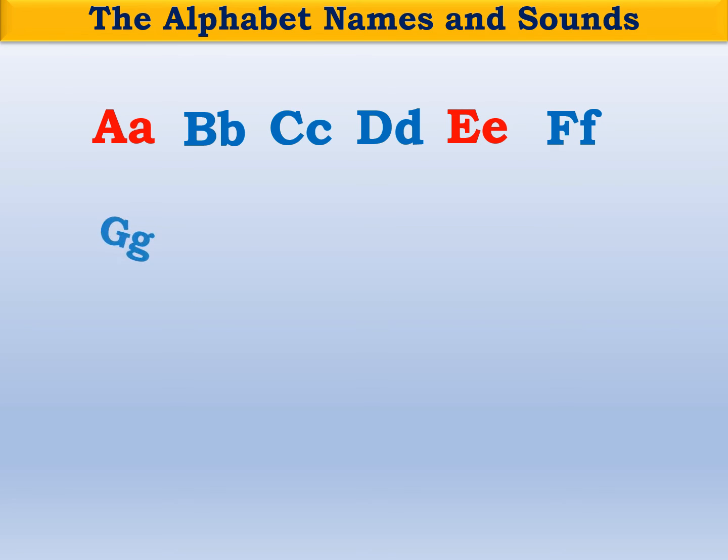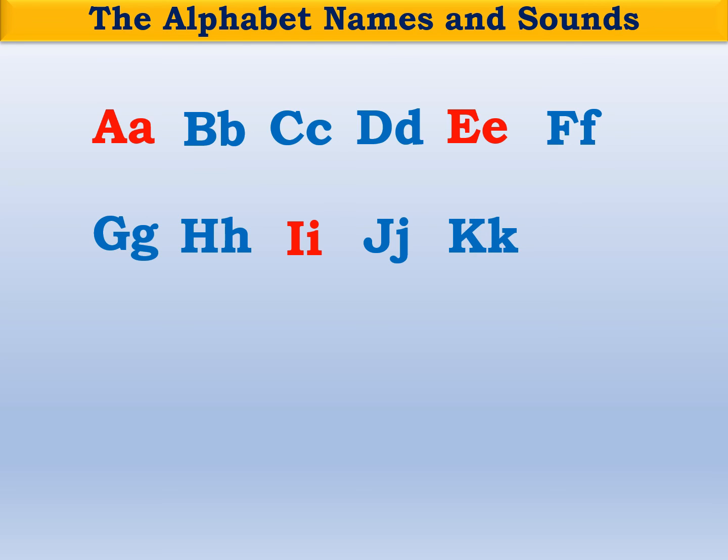G, goat. H, heart. I, eyes. J, juice. K, kite. L, lion.